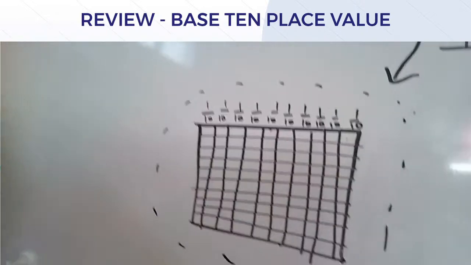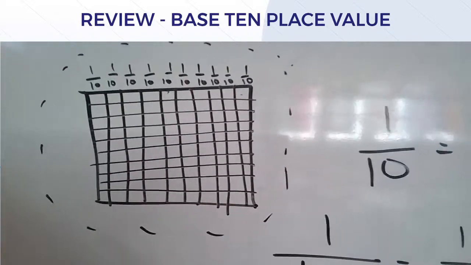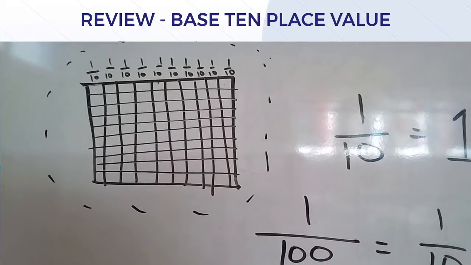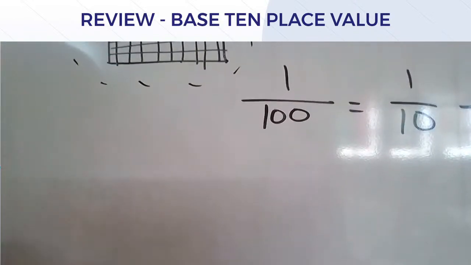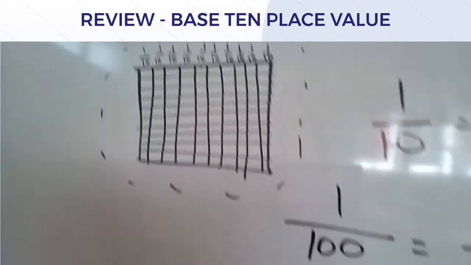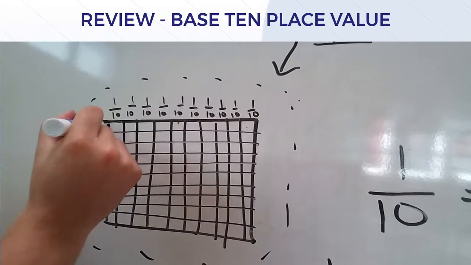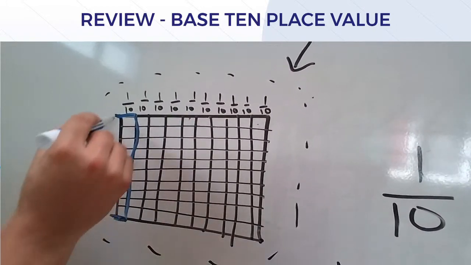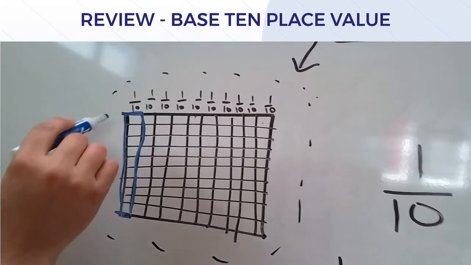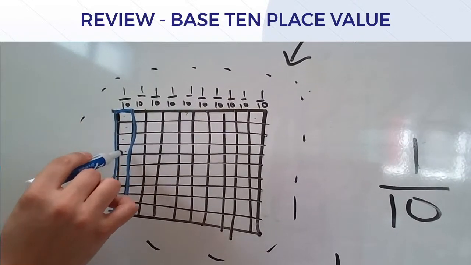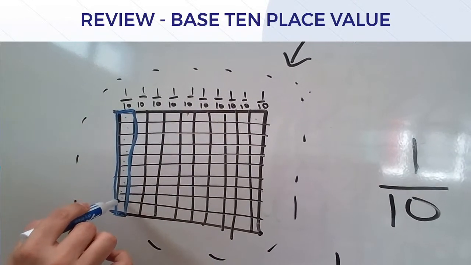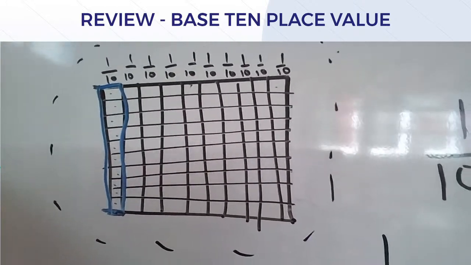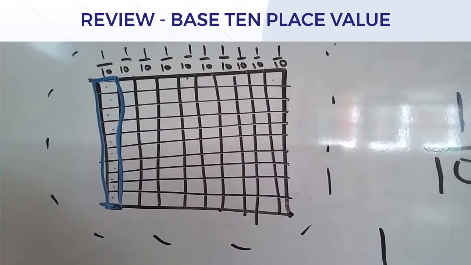And if you look, each of our tenths columns, let's just look at one of our tenths. That's divided into 1, 2, 3, 4, 5, 6, 7, 8, 9, 10 equal pieces. Essentially, we've taken our tenths and divided them into tenths.